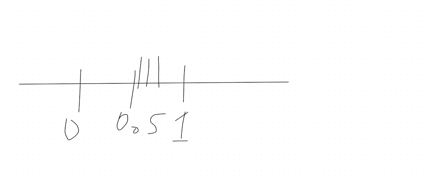Like, for example, if this is 0.5 and the nearest ones are 0 and here is 1, we get 0.6, 0.7, 0.8, 0.9.